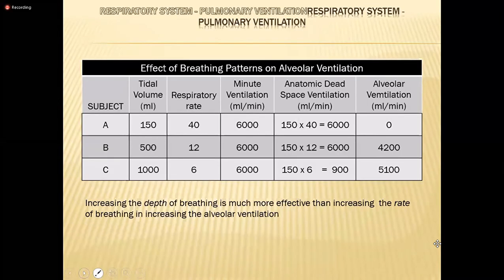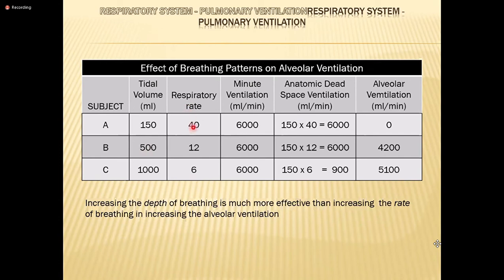So here, the effect of breathing patterns on alveolar ventilation. For example, you have your subject ABC, tidal volume, respiratory rate, minute ventilation, anatomic dead space ventilation, and your alveolar ventilation. So when you have your tidal volume, the normal is 500, right?